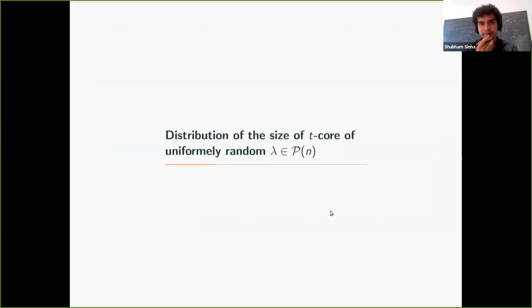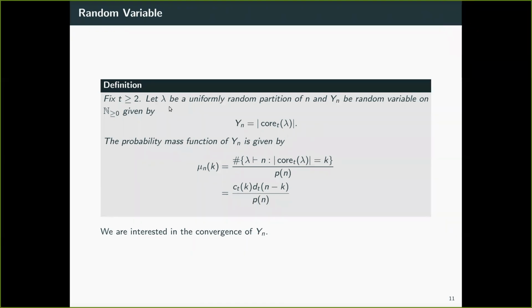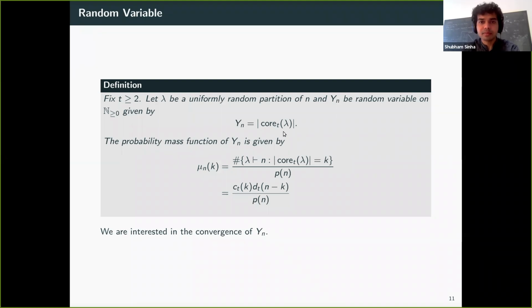So now let's try to see what the distribution of the size of t-cores is for a uniformly random partition. Let's define a random variable Y_n: you take a uniformly random partition lambda, and Y_n gives you the size of the t-core of that partition.